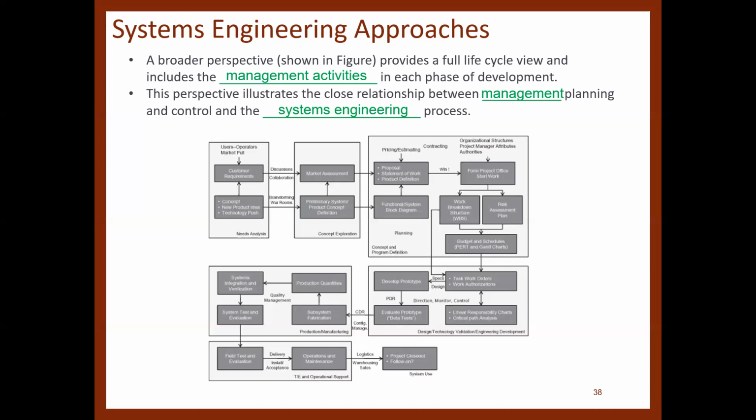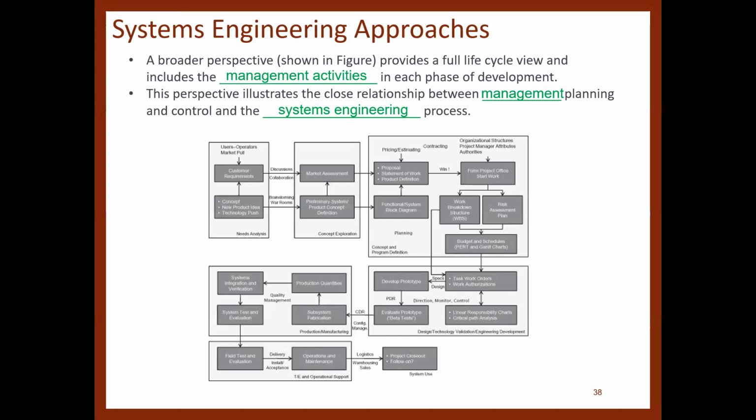And there are some activities that are happening in this phase, including the proposal, pricing estimation, statement of work, product definition, the functional system block diagram, or the functional system design.